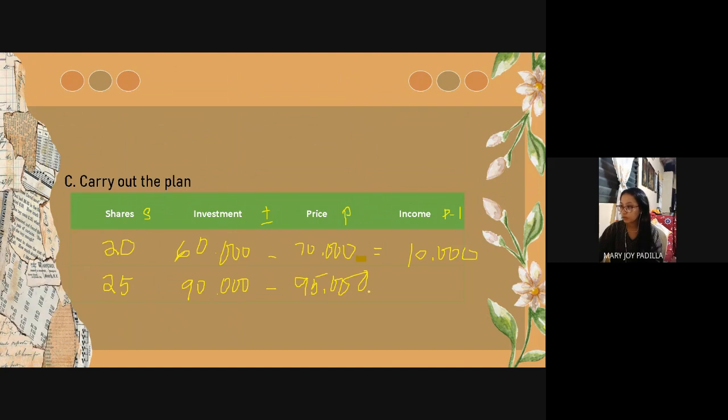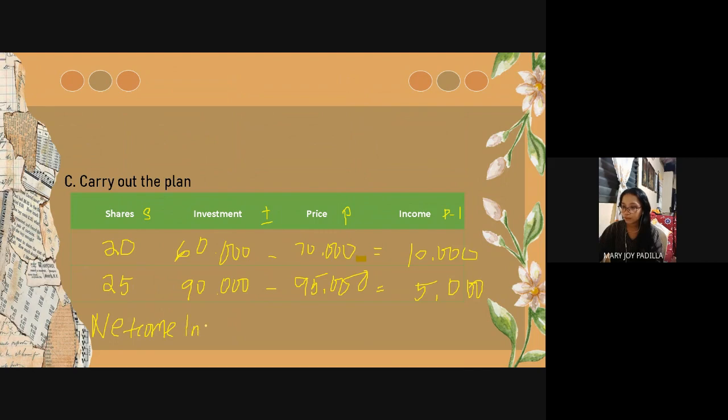So, equal to 5,000. So, it's really given naman. So, ang ating net income, ipagpa-plus mo lang yung income natin.